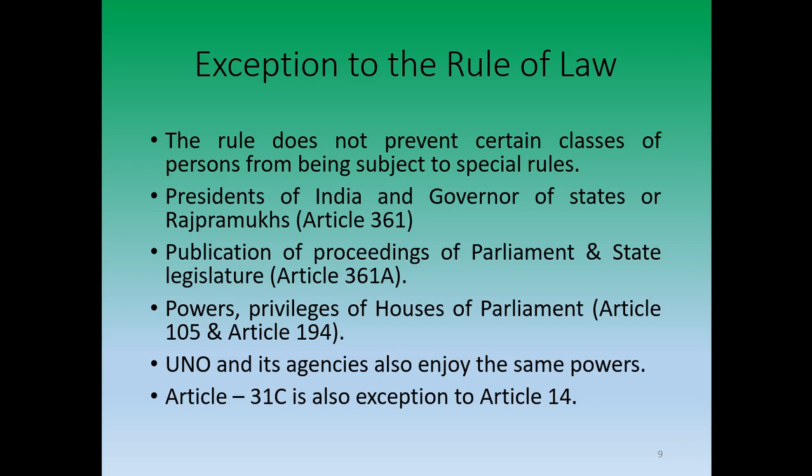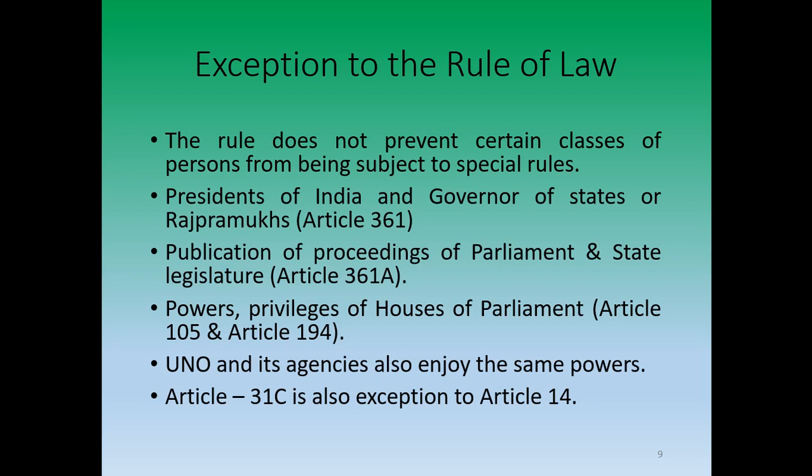This is because Article 14 does not imply that the same law should be applied to all persons, or that every law must have universal application, because all persons are not, by nature, attainment or circumstance, in the same position.